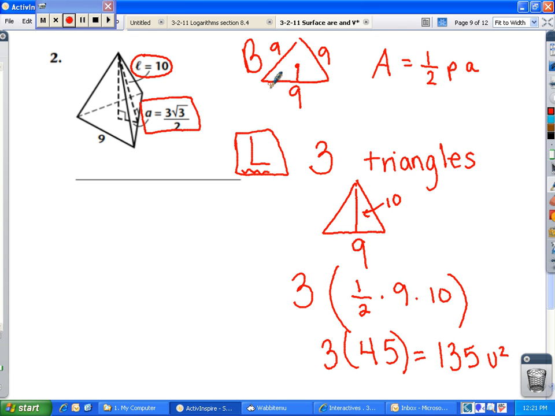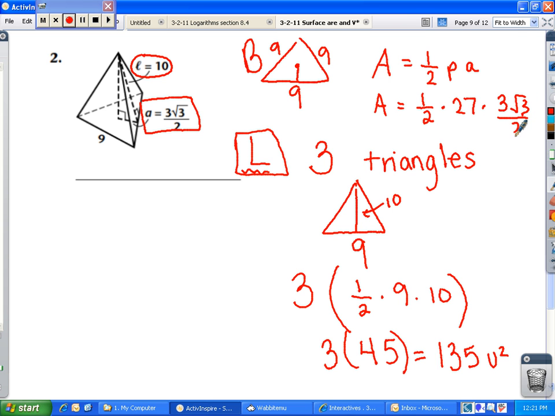So I can find the perimeter of this equilateral triangle because I know all my sides are 9. So I'm going to say area equals half times my perimeter. Now my perimeter is 9 plus 9 plus 9, so my perimeter is 27, times my apothem, and they give me the apothem in the problem as 3 root 3 over 2.